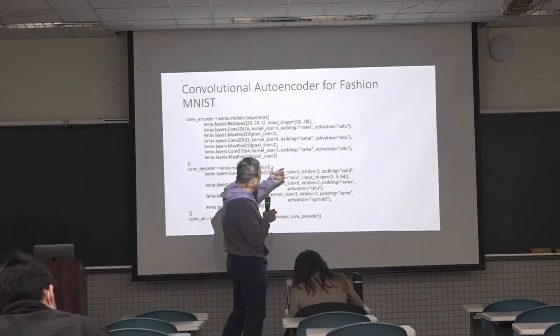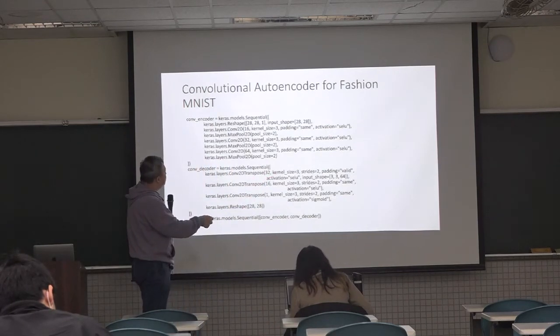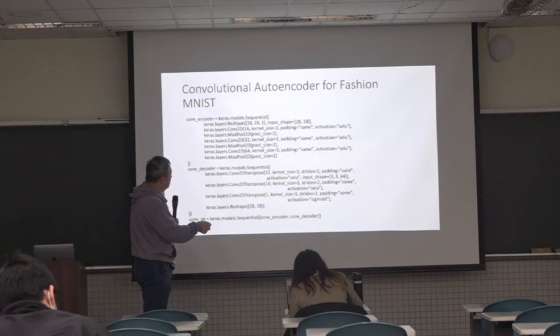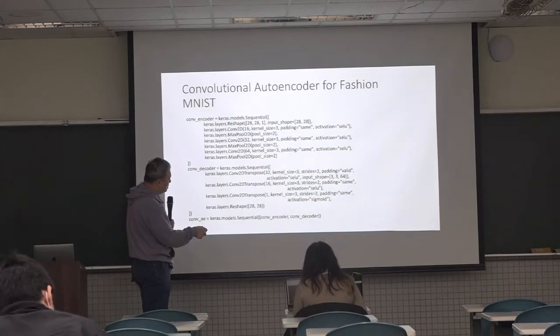The feature map, originally 64, like the coding, is cut down to 32, then cut down to 16, then cut down to 1, which converts it back to the original shape.